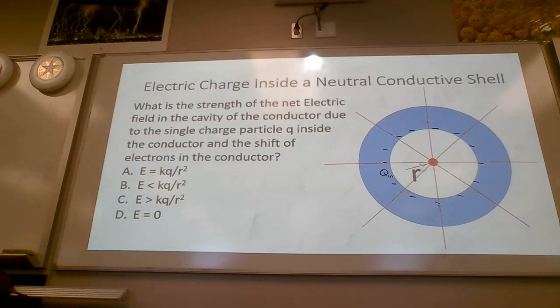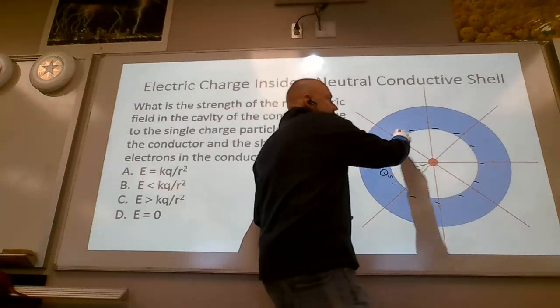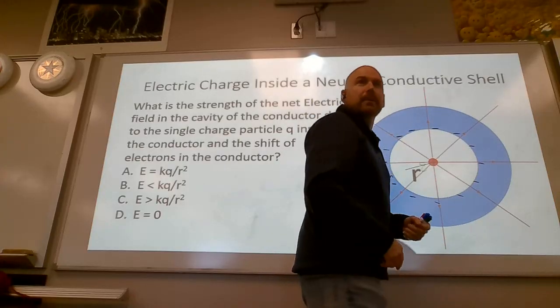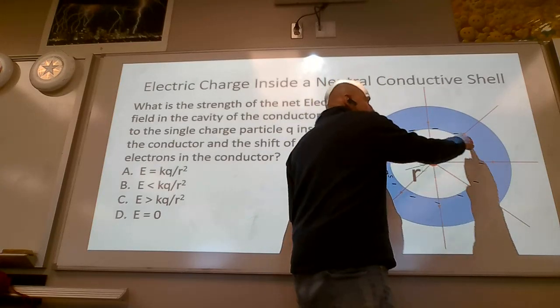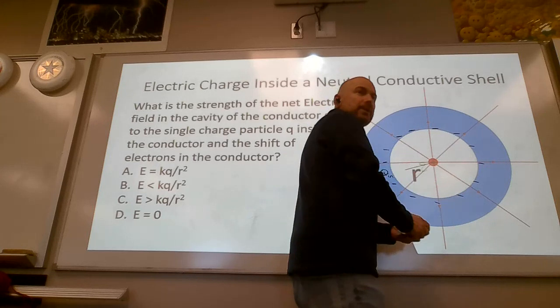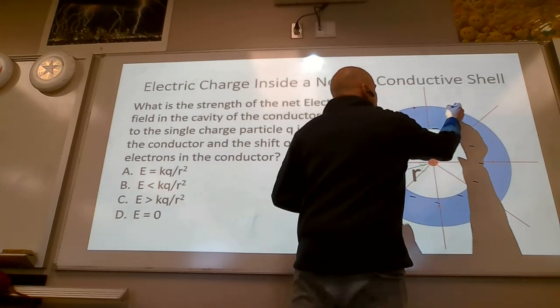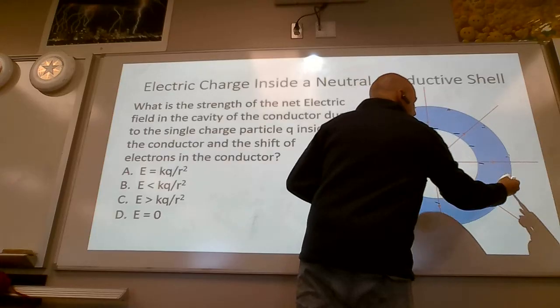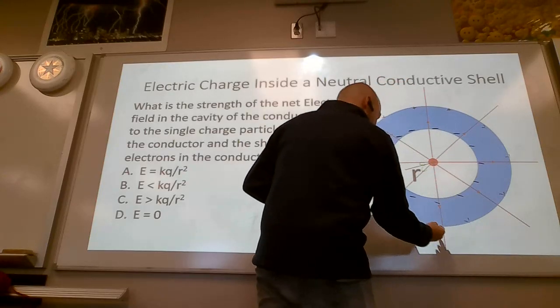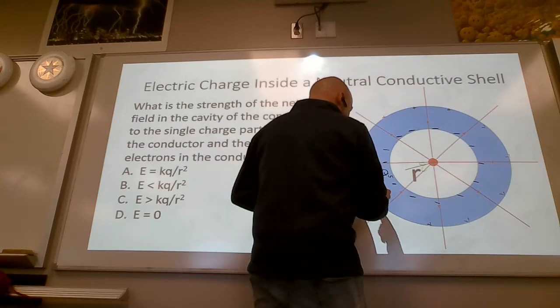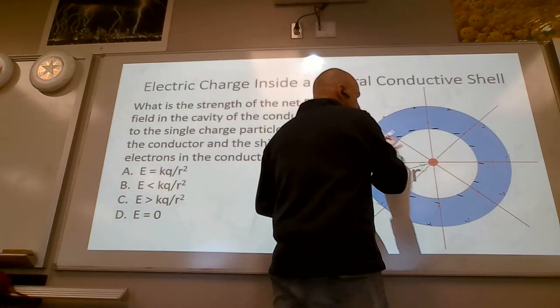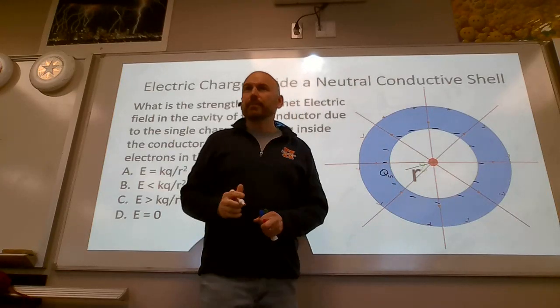Why? Because this is a hollow planet. The electric field created by these negatively charged things, and actually I should do this. With the electrons going that way, the protons are stranded.